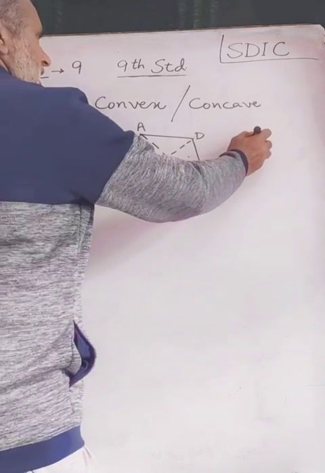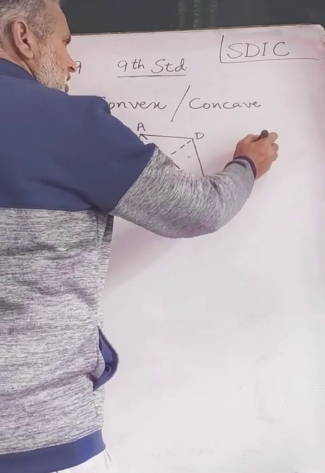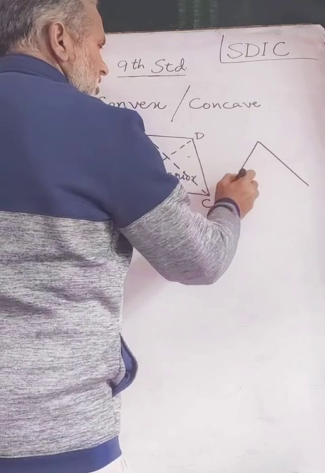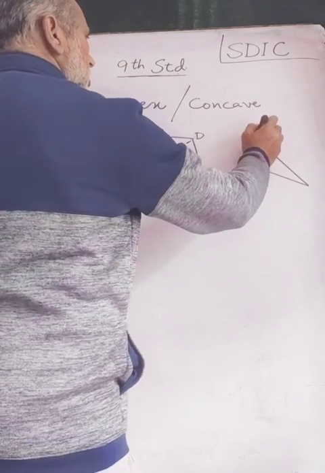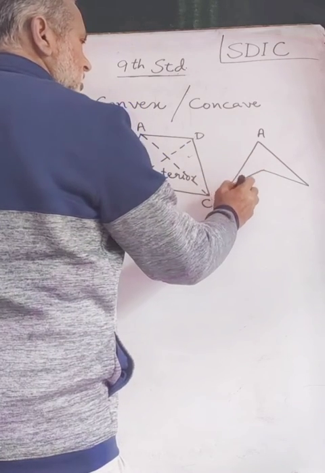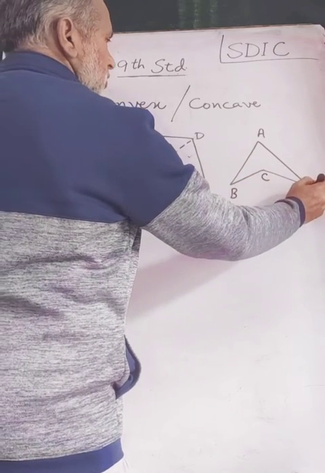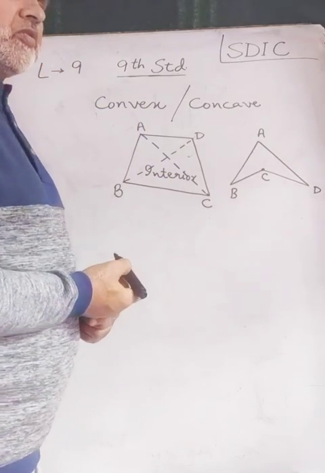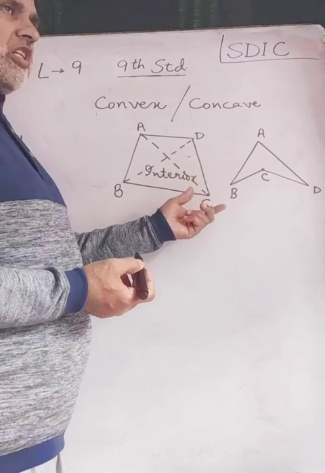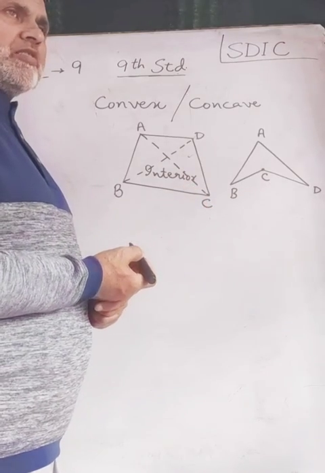On the other hand, I have a quadrilateral here. This is also a 4-sided polygon. Now, being a quadrilateral, this will also have 2 diagonals.